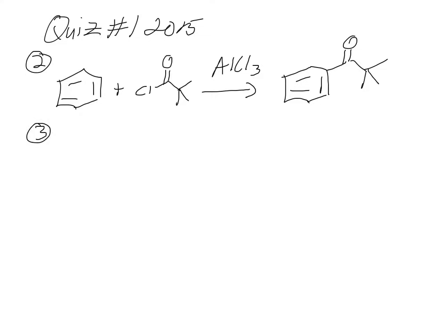For number 3, it asks for the actual activation of the super electrophile. Here I saw a couple different things. There's a couple different ways you could do this, but I'm going to show you the way I showed you in class.